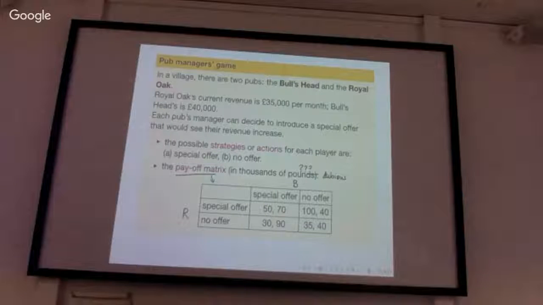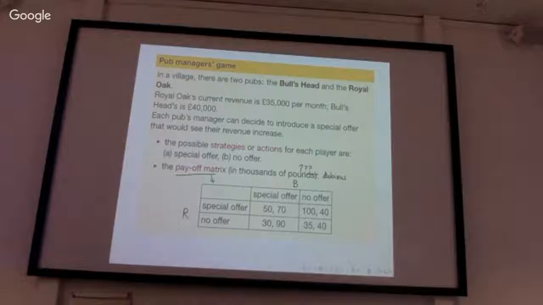So if Bull's Head has no offer, they're better off introducing a special offer. And if Bull's Head does introduce a special offer, then the Royal Oak is also better off introducing a special offer. So no matter what the other player does, they're always better off doing a special offer. If they didn't, they would be losing money.